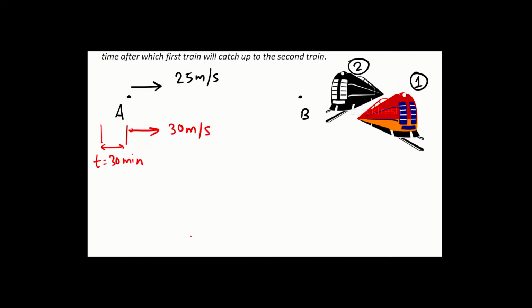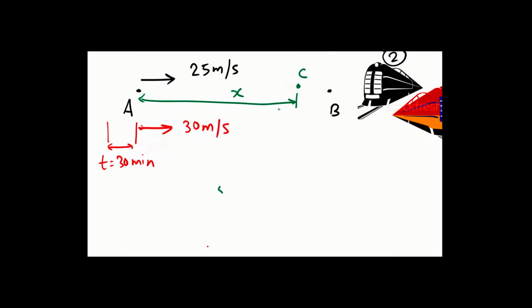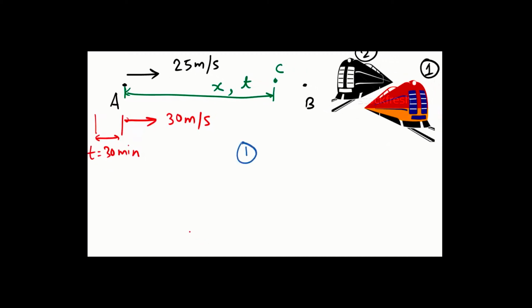Now that we have a clear understanding of the problem, let's start. Let's assume that this is some position C, where both of them meet, and let's say it took the first train time t to reach there. Let's write the equation for the first train. For the first train, we can simply say that distance traveled x is equal to speed, which is 25, into time t, where t will be in seconds.